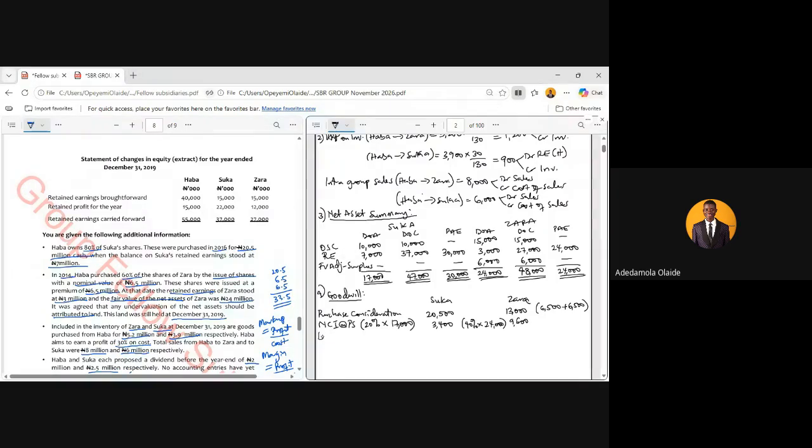So having done that, we go to purchase consideration. Then we say less fair value of net assets. Fair value of net assets as at what date? At the date of acquisition. What's the fair value of net assets here? 17,000. Then fair value of net assets here, 24,000. So if we less it now, we get our goodwill.